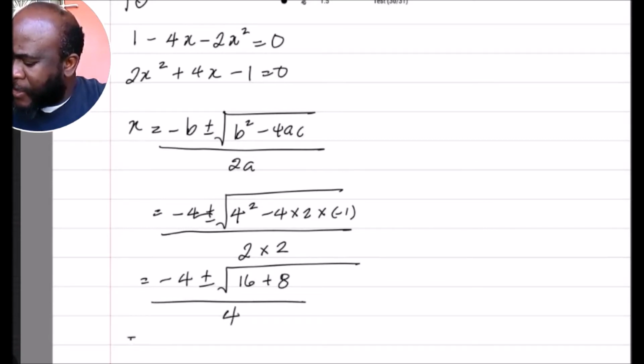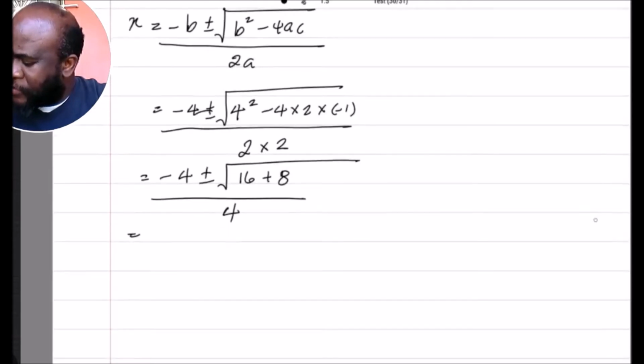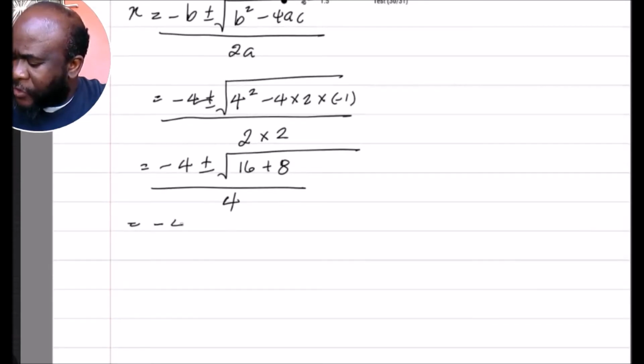This is minus 4 plus or minus the square root of 24 all over 4.